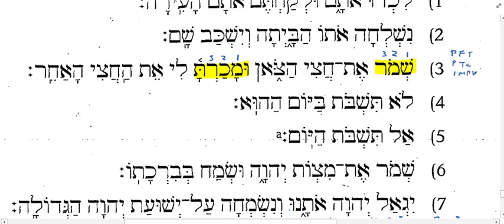Which one of these is going to be possible when I have a vocal shva under root 1? Looking at the imperative. That's right. Which imperative form has no ending? To MS, right? To MS.